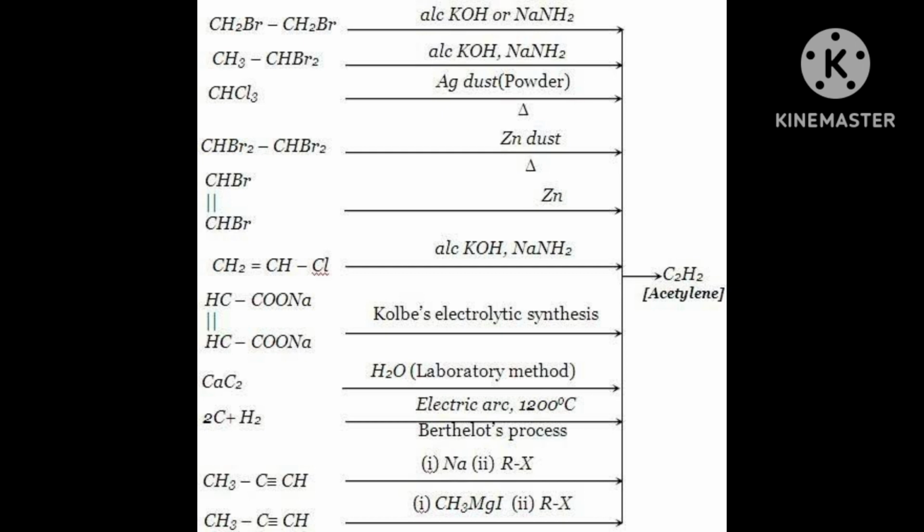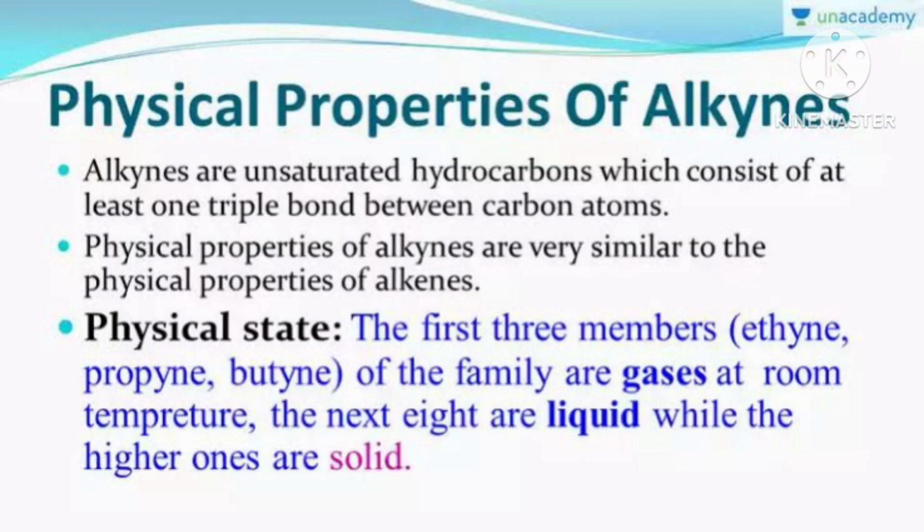Now consider acetylene, propyne and butyne. Acetylene is the alkyne with 2 carbons. Then propyne is there, where one methyl group has come.